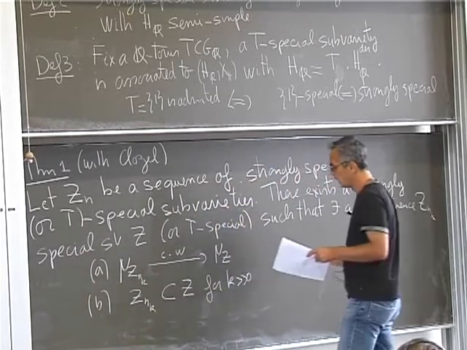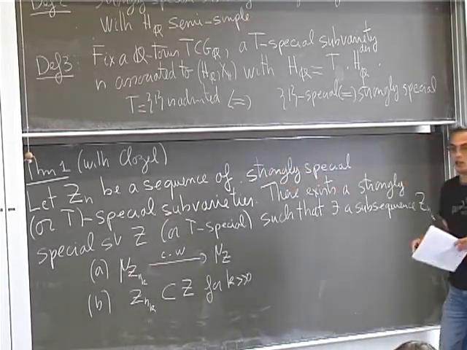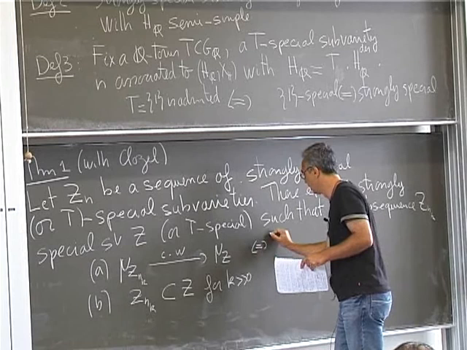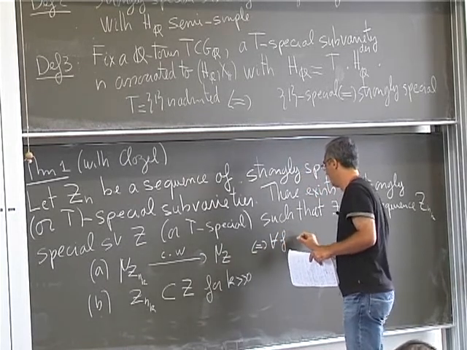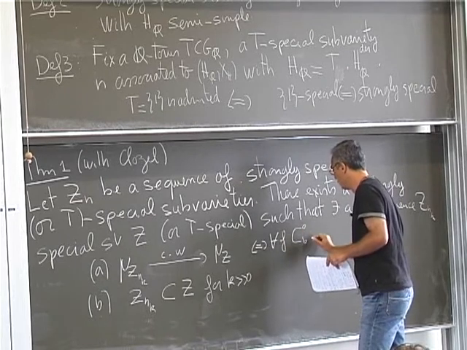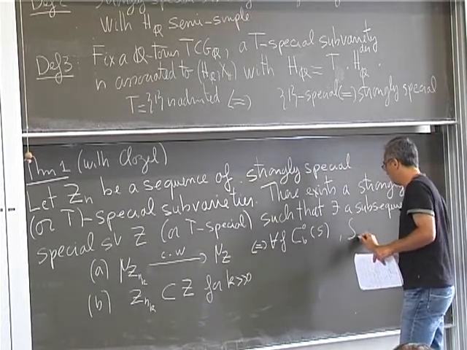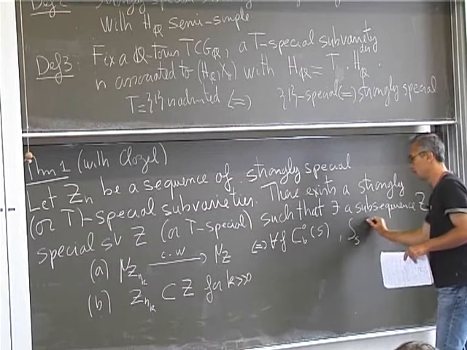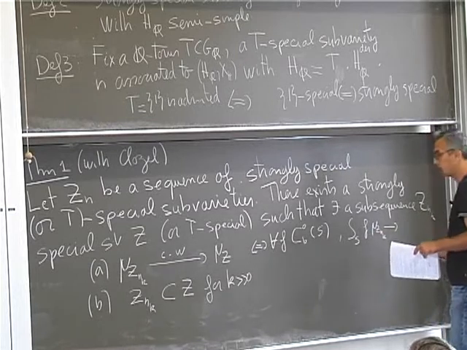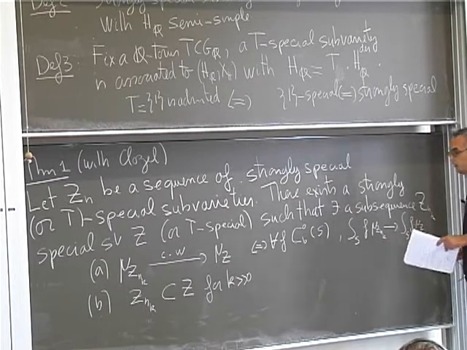And maybe here, as my varieties are not projective, I should say that this means that for all f continuous and bounded, the integral over S of f times mu_{Z_{n_k}} tends to the integral of f against mu_Z.